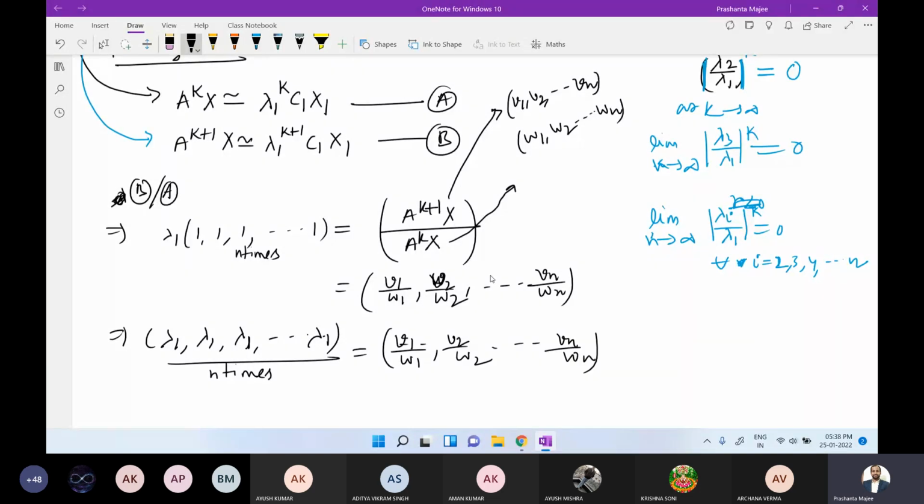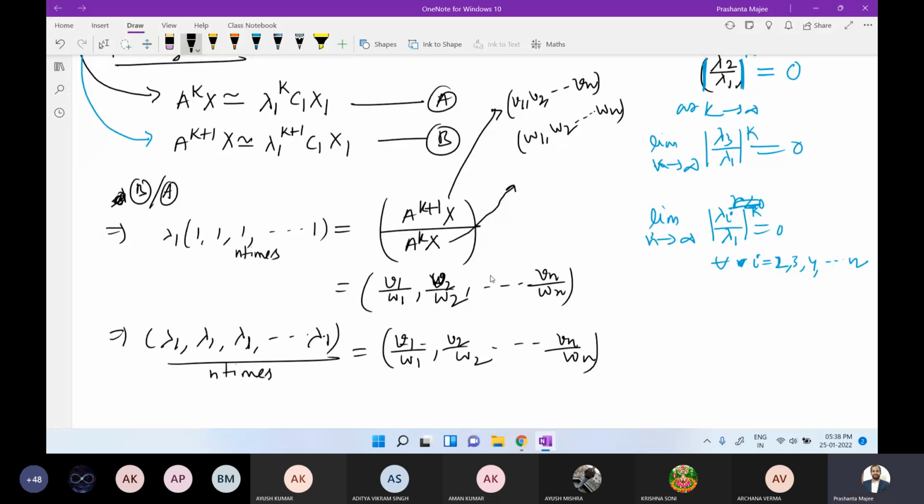So what will be lambda 1? All these ratios will be converging to the same value as k is tending to infinity. So any ratio you can take as an approximate value of the largest eigenvalue.